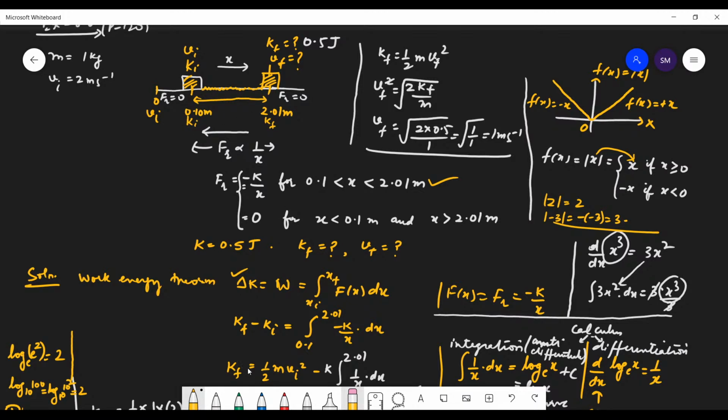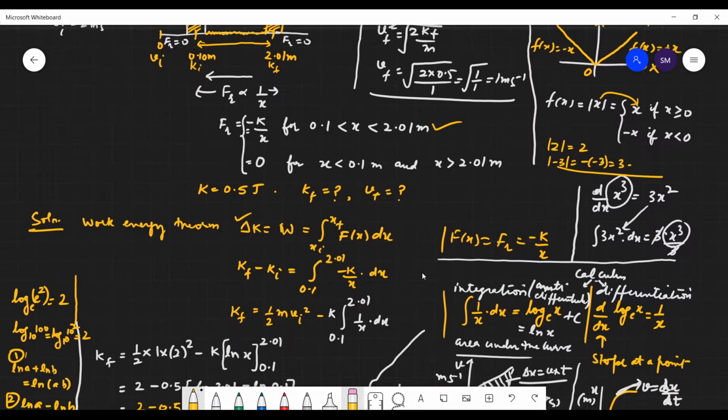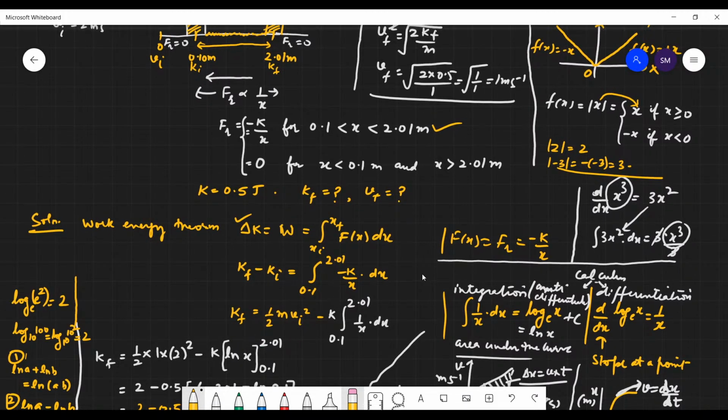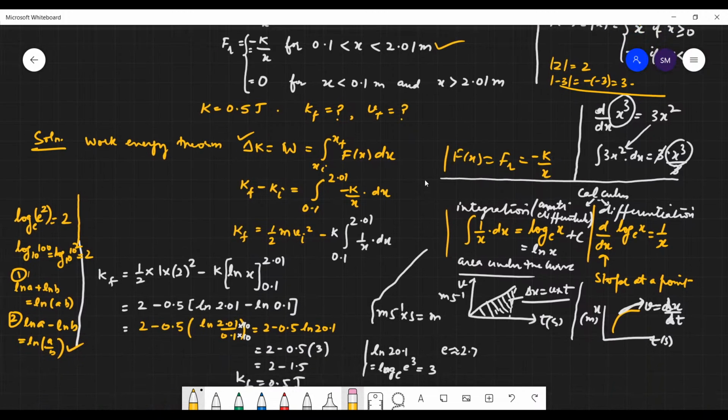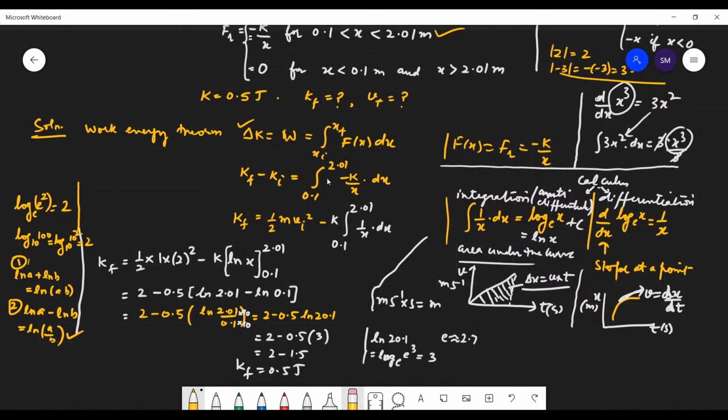I know the initial velocity is 2 here, and the mass is 1 kilogram, so ki is half mv squared. So kf minus ki, so ki will go to this side and become positive, and the constant k will come outside, minus k, with limits 0.1 to 2.1 meters, the limits of displacement.